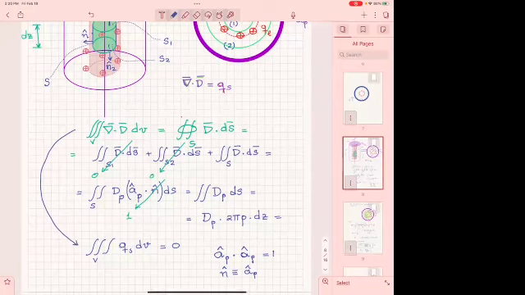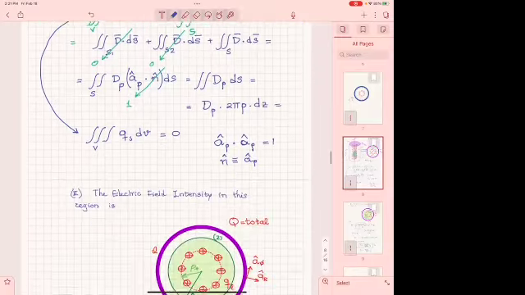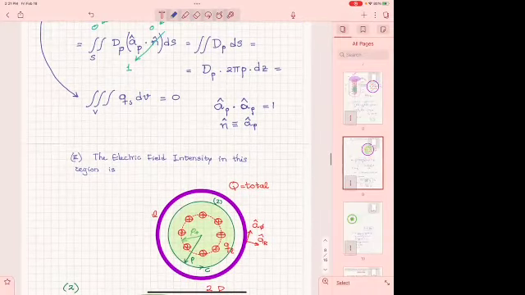But how much charge is enclosed by this volume? Zero, because all of the charge is outside. All right. So that volume integral is zero, which implies what? That because these two are equal, it implies that the above equals zero.